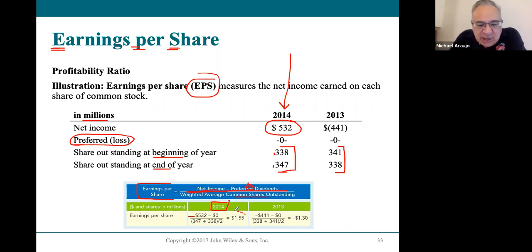That means that each share of ownership would have earned $1.55 of this profit. So if this $532 million was broken into individual shares, each share would have earned $1.55 of the profit. This is just a measure of profitability.